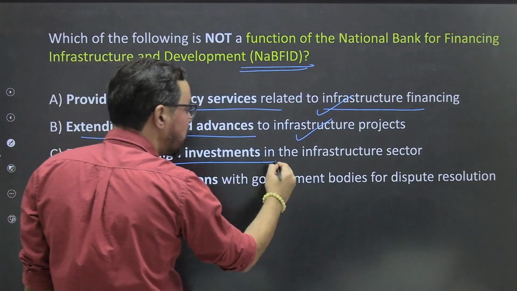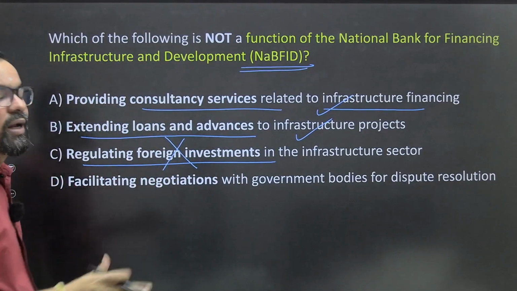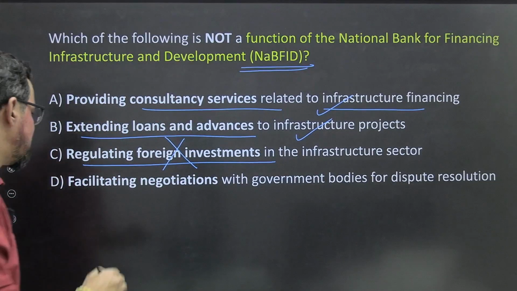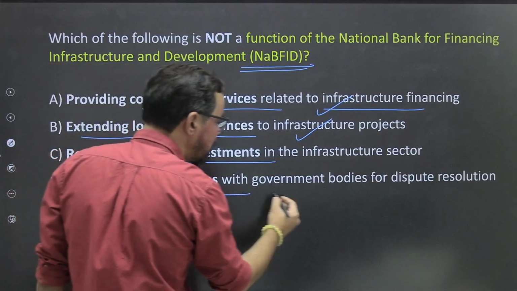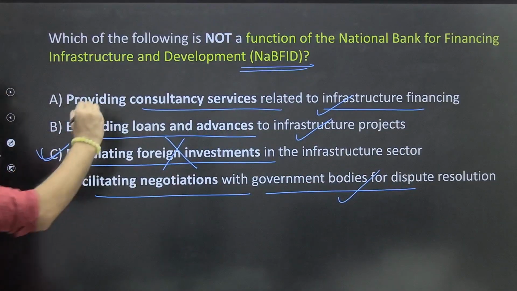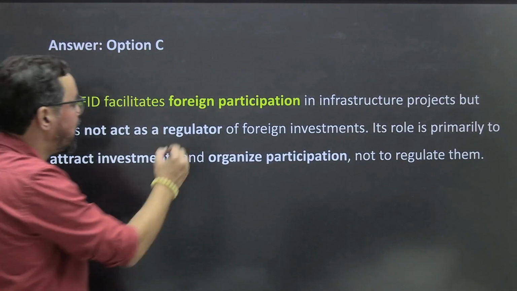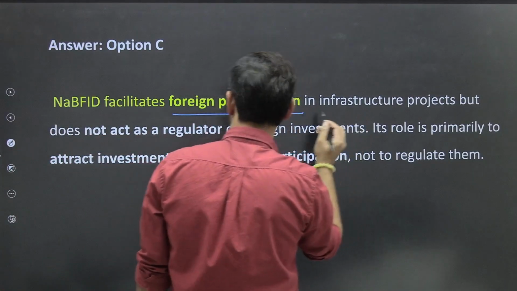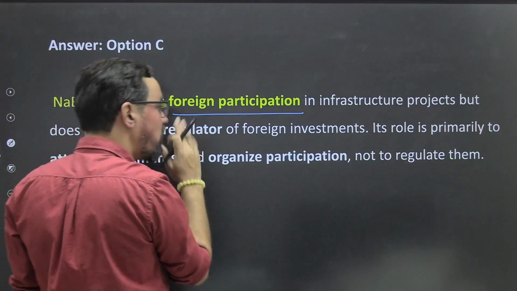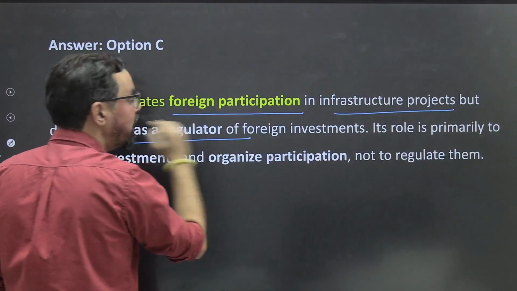Regulating foreign investment in infrastructure, no. This is not done by it. It generally comes under the purview of RBI itself. Facilitating negotiation with government bodies for dispute resolution, yes. So what will be your correct answer? C will be the right answer for this one. NABFID facilitates foreign participation in infrastructure projects, but it does not regulate that particular area.